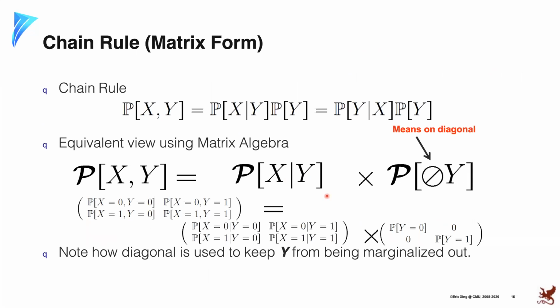The second is called the chain rule, which is how you get the joint, by multiplying the conditionals. The equivalent algebra expression is as follows. Remember here, this y's value is on the diagonal, which is to keep y from being marginalized out.